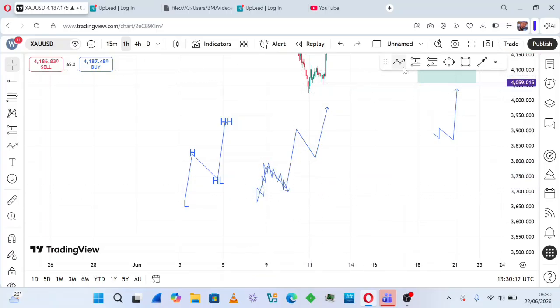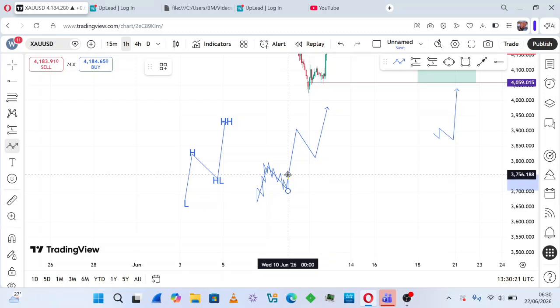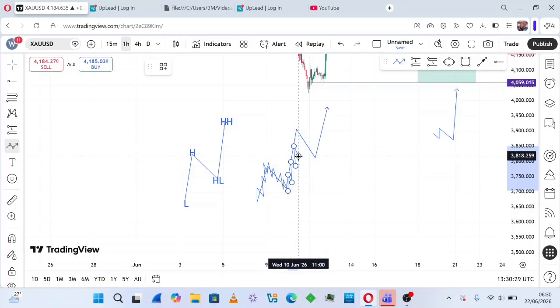And now you know that if you want to buy now, you want to see price change structure again, then give you a pullback and continue to the upside. This is all you just have to know to start making profit.